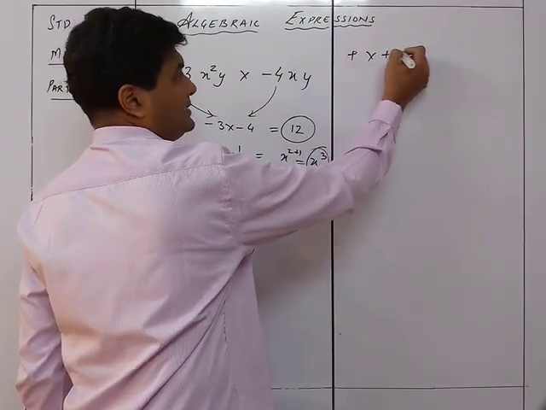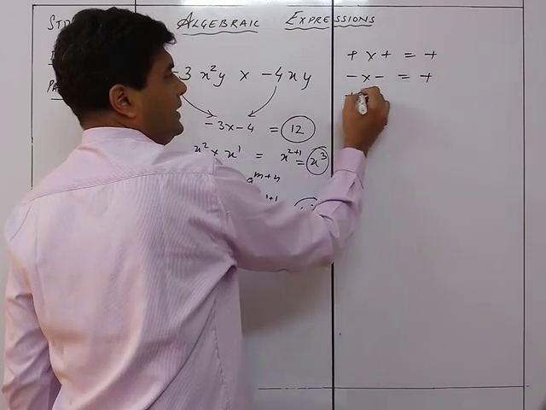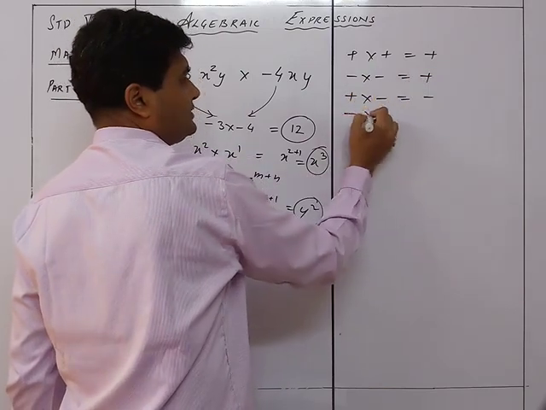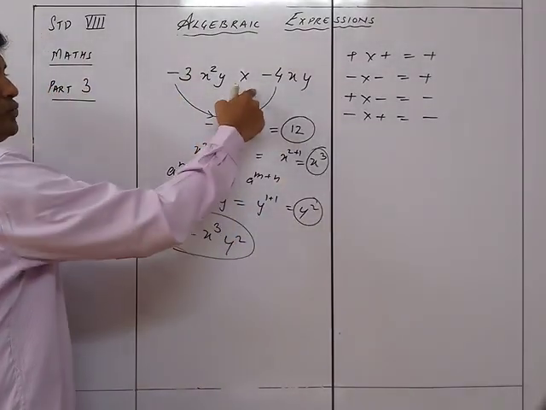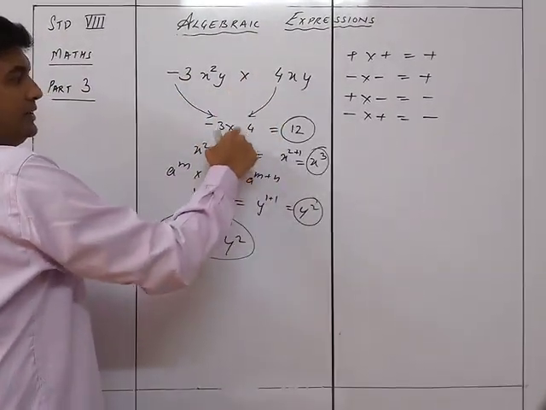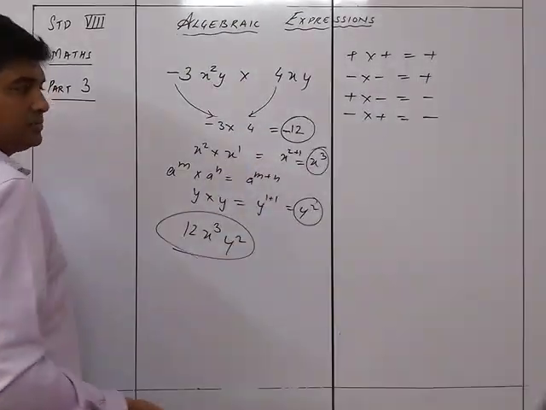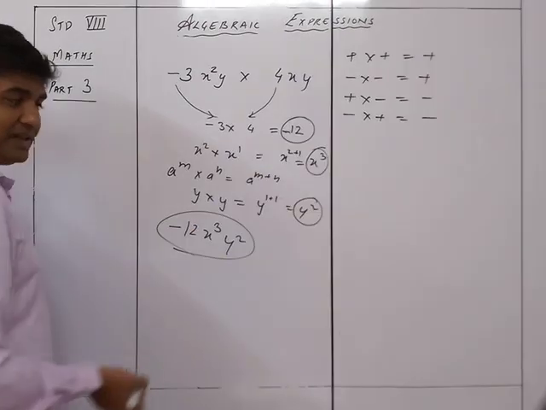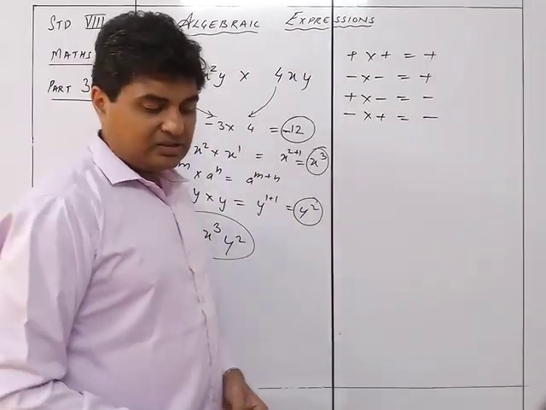Plus into plus is equal to plus, minus into minus is equal to plus, plus into minus is equal to minus, and minus into plus is equal to minus. So if this would have been plus over here, then this would have become plus into minus into plus is minus. So answer would have been minus like this. Clear? So that is the first part.